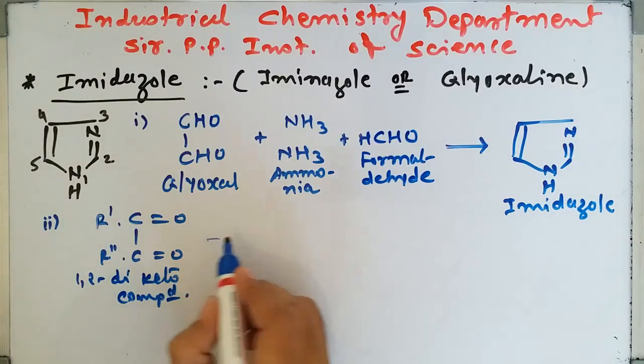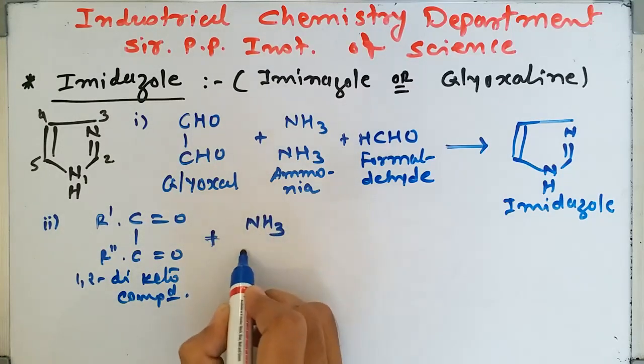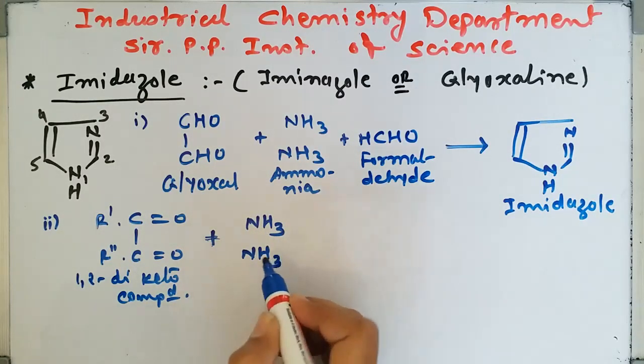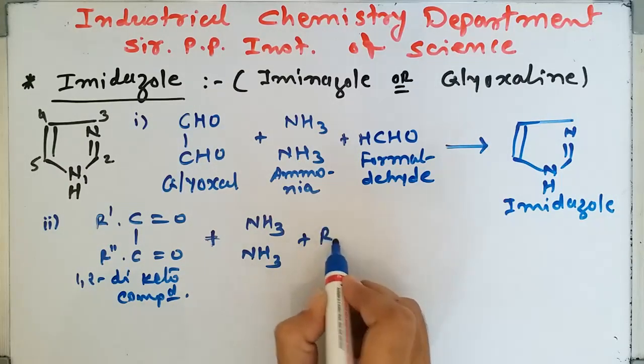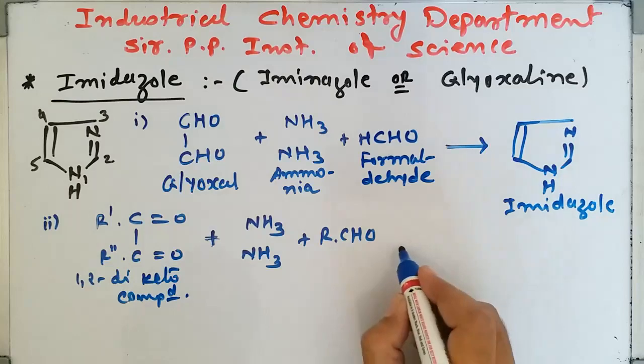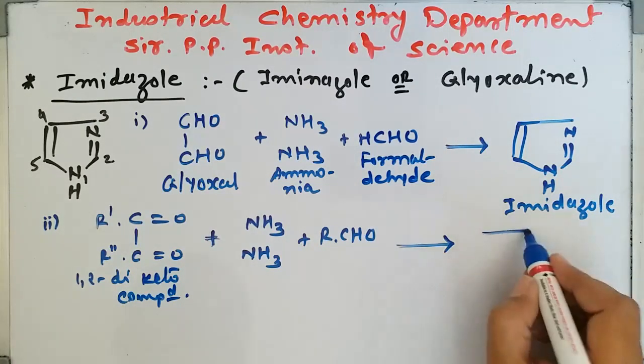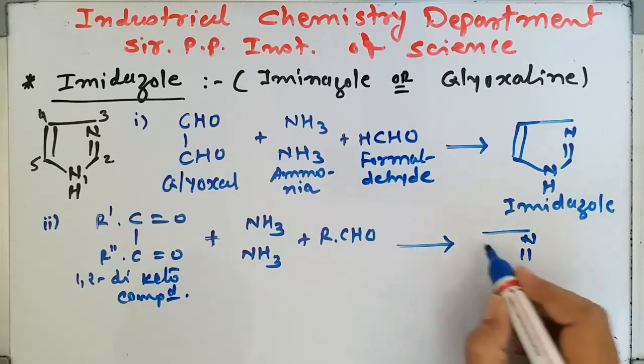This is treated with 2 moles of ammonia and an aldehyde, RCHO, then we get a derivative of imidazole.